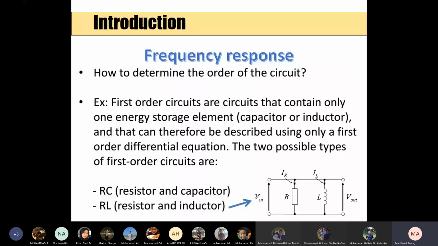Okay, so this is an RL circuit. So this is first order because you only have one L. You only have one storage element. Right? So you can also have the RC circuit for the first order. So this is the example of first order.